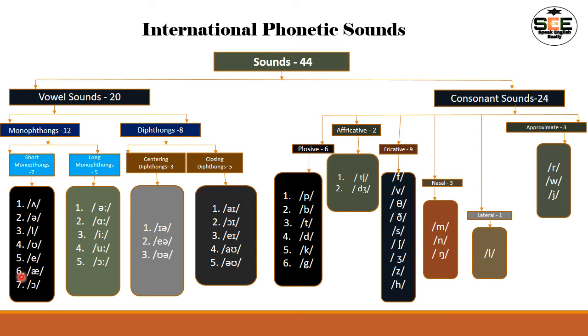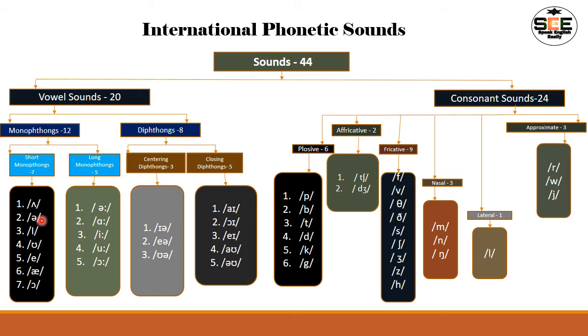Number six, it is a combination of a and e, so it produces yeah. Number seven, it is a half o sound. It is cut here on the left side, so it indicates in this way we write this, so it is known as o sound, short o. So again I would like to repeat these seven short monophthongs, very important, right?